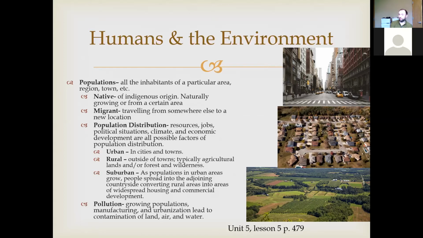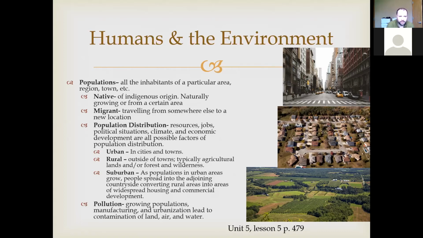You're probably not going to live in rural areas. And if you're a farmer, you're probably not going to live in the city. And then also political situations, political viewpoints, the climate of the area, all those things factor into where people choose to live, or maybe don't choose, or maybe they are forced to live.